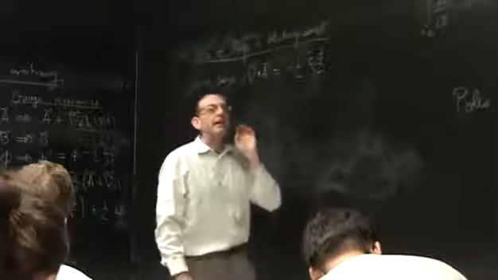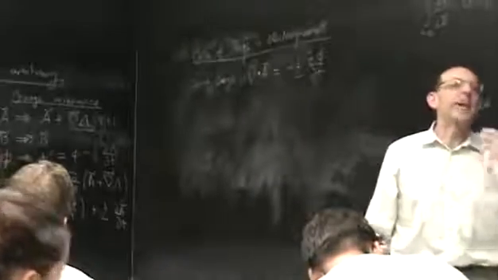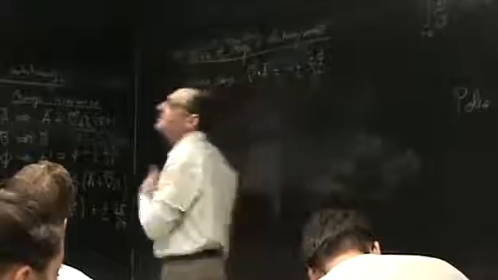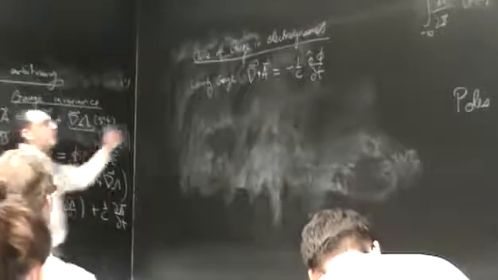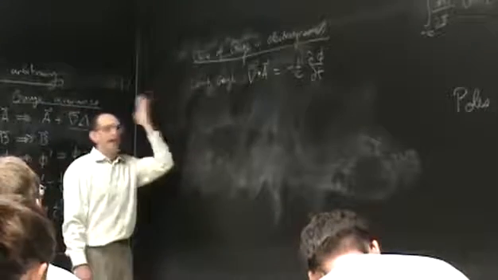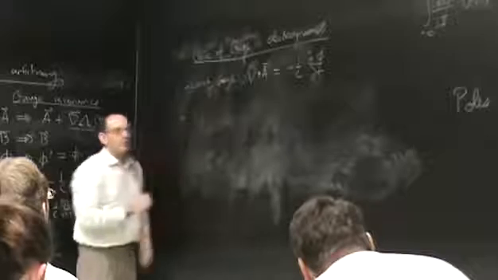Otherwise, in a different reference frame, we have to do a gauge transformation, and we can't keep the same gauge in all reference frames. So in relativistic dynamics, it's quite often the standard gauge. You just choose the Lorentz gauge. But it's not the only choice.